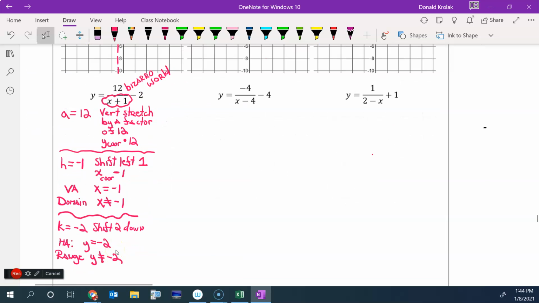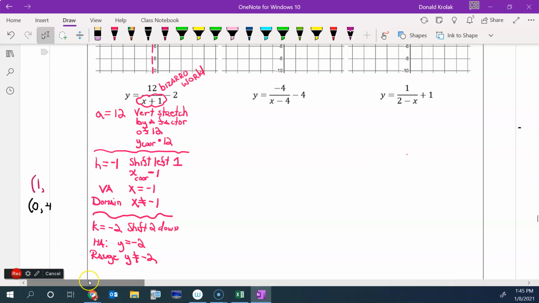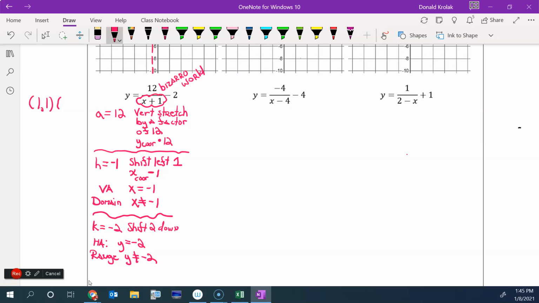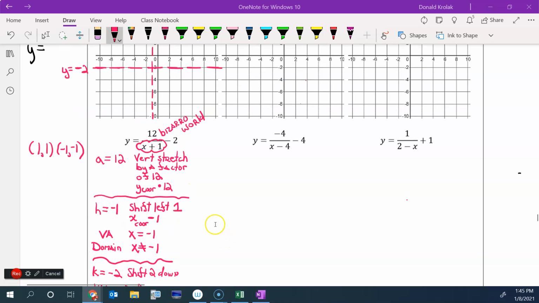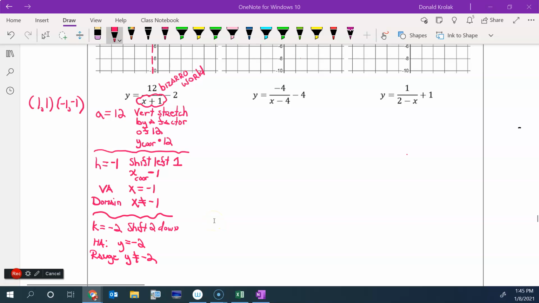All right, so if I take the points like 1, 1, okay, so I got the points 1, 1, and I got the point -1, -1 from the parent chart. Okay. All right, now the order in which you do these.